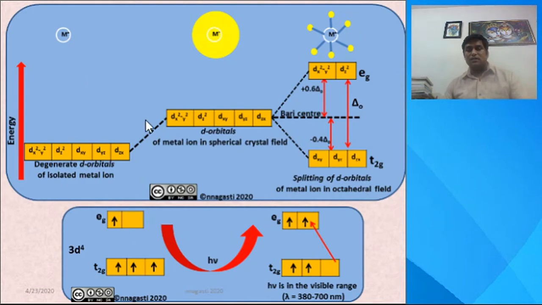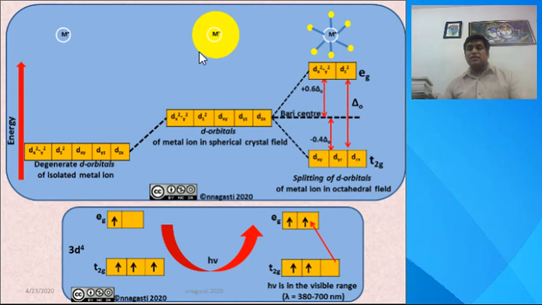At the top, we have a metal which is an isolated, free metal ion, not bonded to any ligand. All the d orbitals are degenerate, having the same energy.